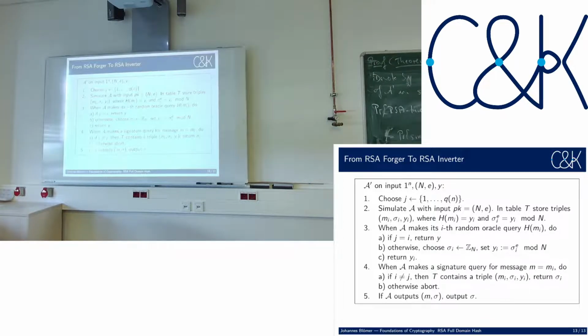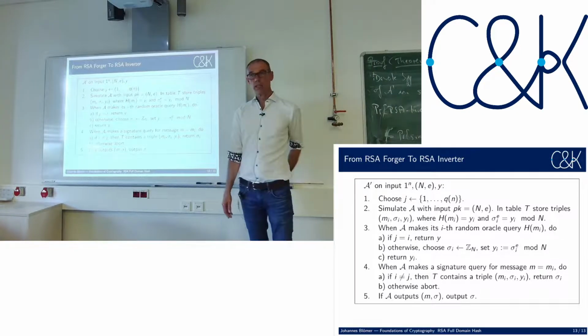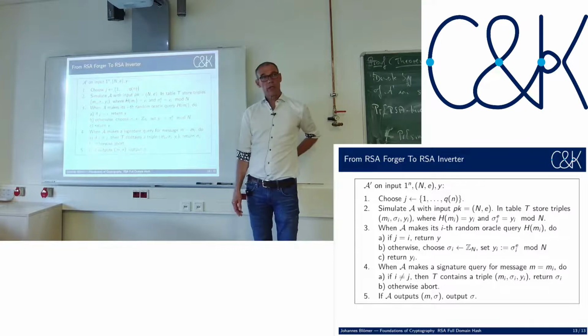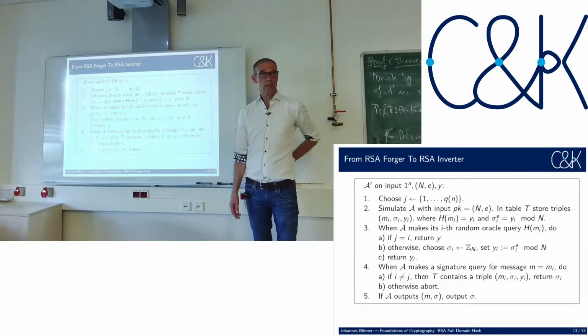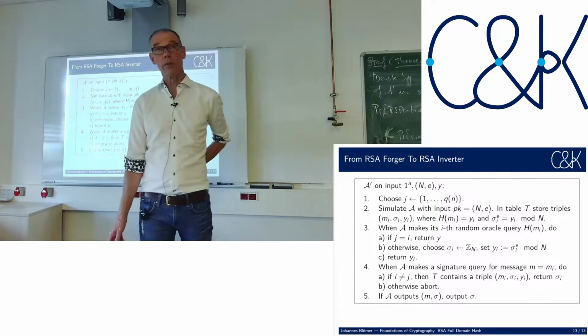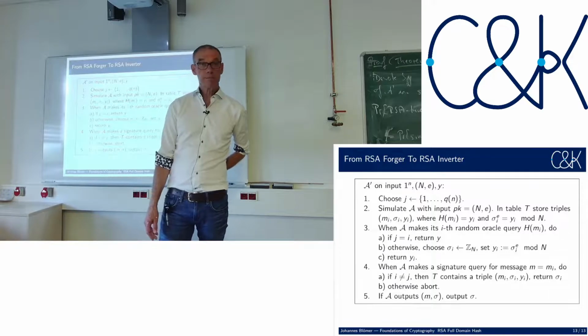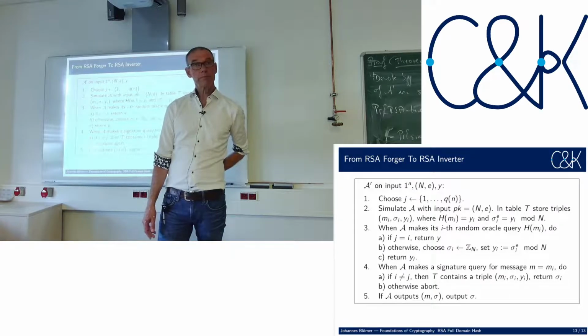And that gives us the result that RSA full domain hash is secure if the RSA generator is a good one, namely the RSA inverting problem is hard relative to this generator.